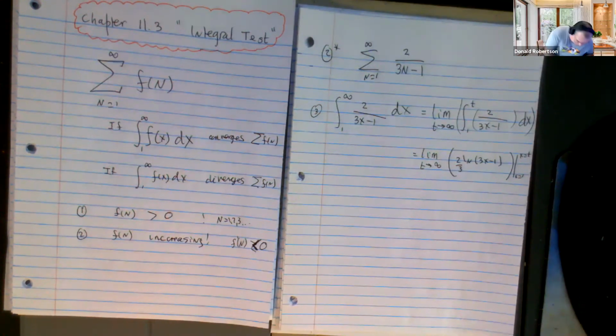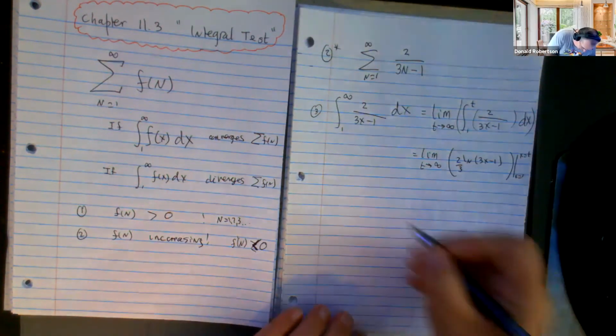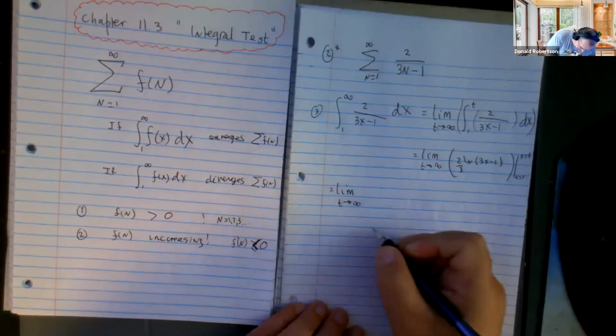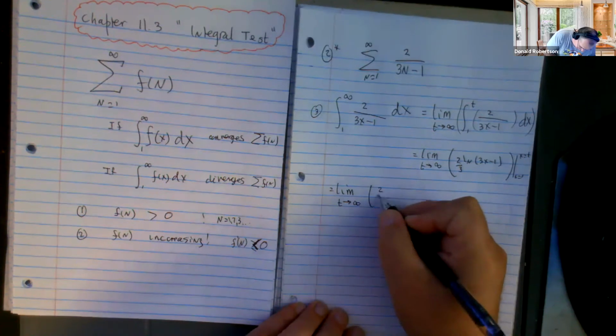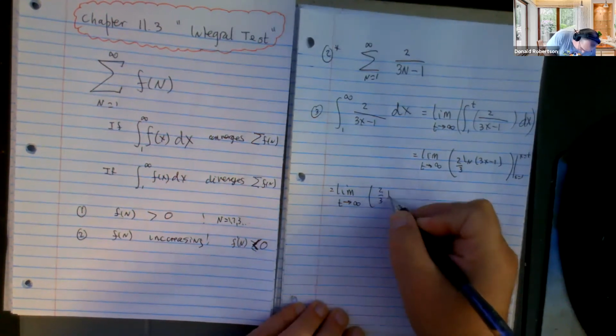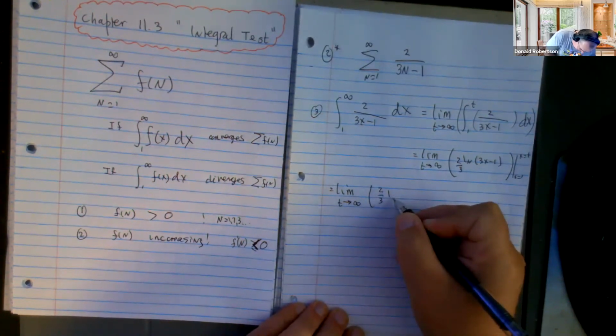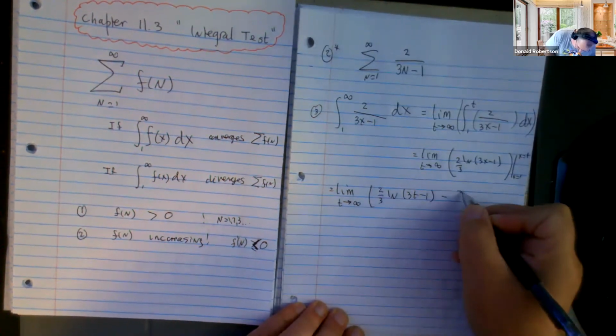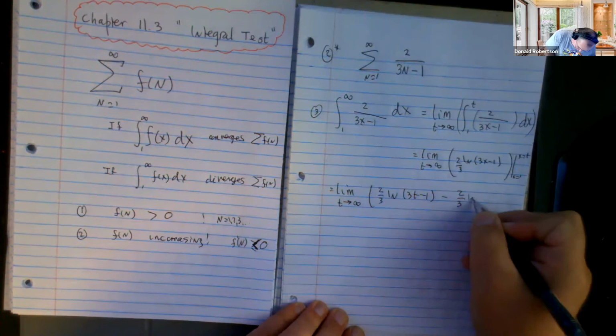Right. Now I'm going to kind of move over here because I think I need more room. And I'm going to have 2/3 the natural log, plug in t, 3t minus 1, subtract 2/3 the natural log of 2.